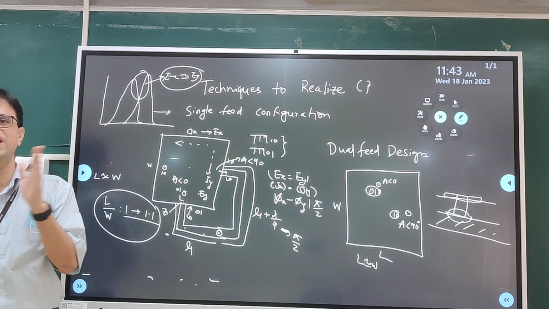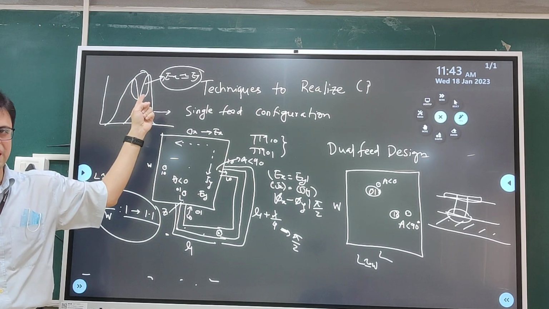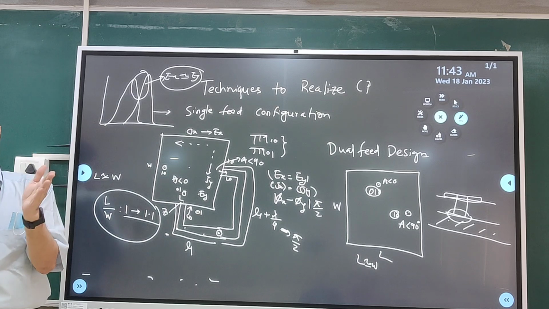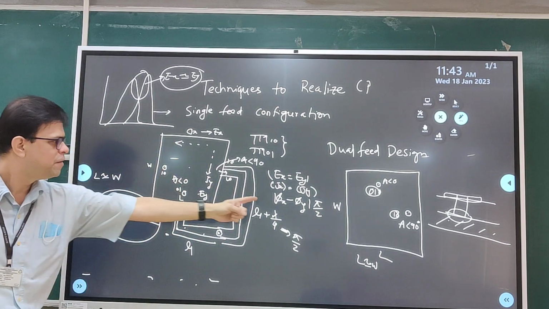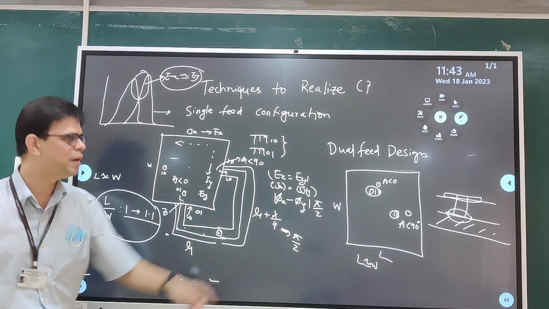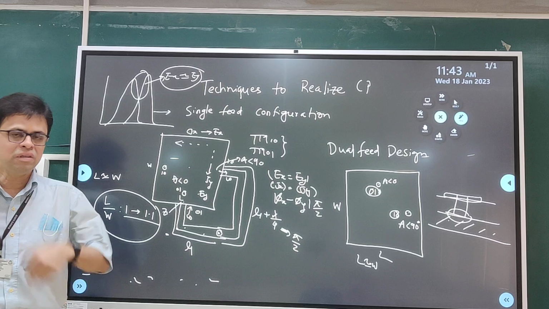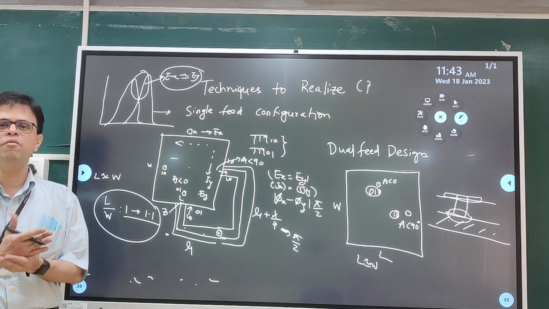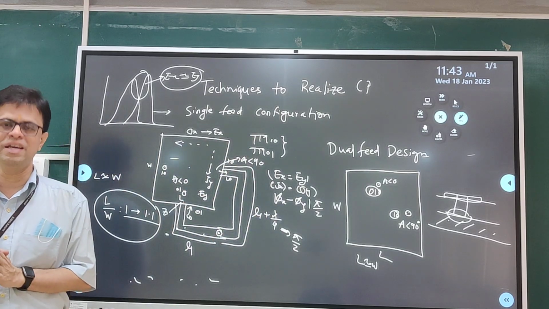Means what? Ex is equal to Ey, their resonances are close, so Ex is approximately equal to Ey. Since orthogonal modes are there, you have a spatial phase difference between Ex and Ey, plus the phase difference is also maintained to be pi by 2 because you are ensuring that through the power divider method. Now the next very important question is over what band of frequencies all these three conditions are realized.